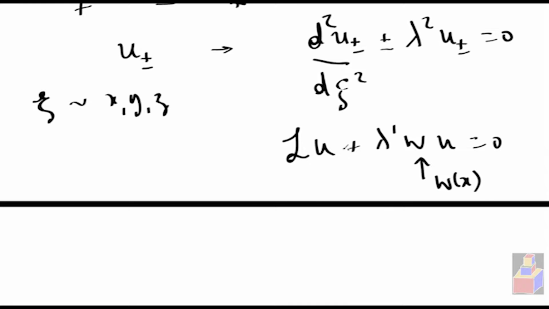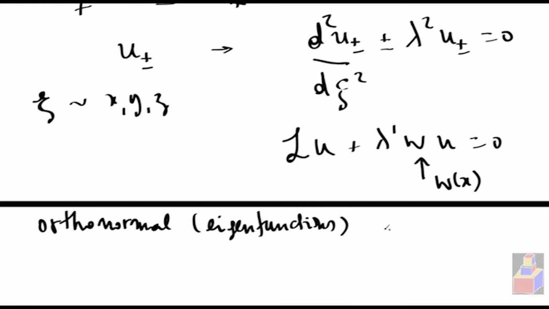Okay, so we said that this type of equation will generate orthonormal functions or eigenfunctions for w larger than 0 and for lambda real, okay, lambda prime.